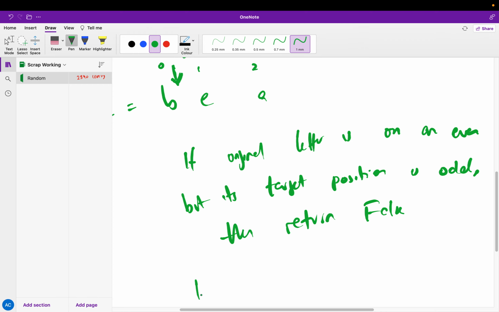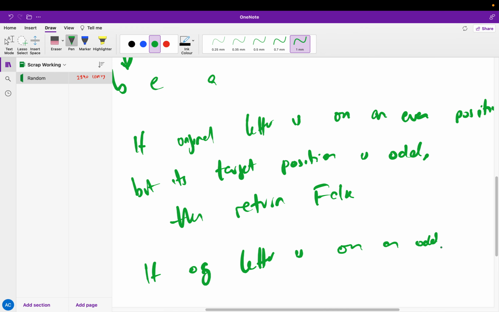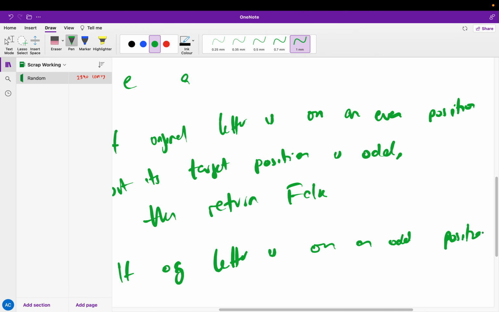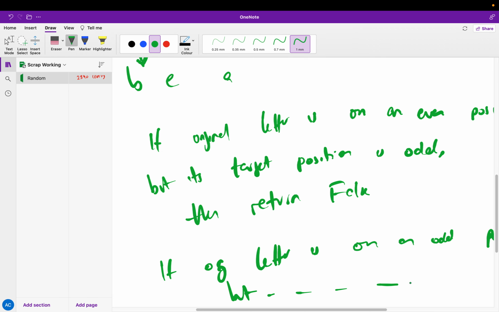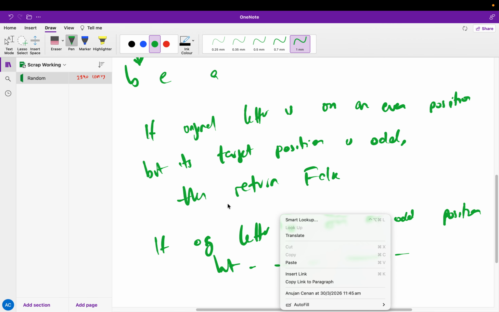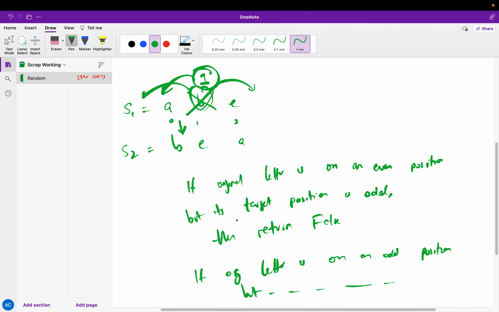Same with the opposite case. So if the original letter is on an odd position, but target position is even, then return false. Same thing, right? So basically just applying this logic in general.